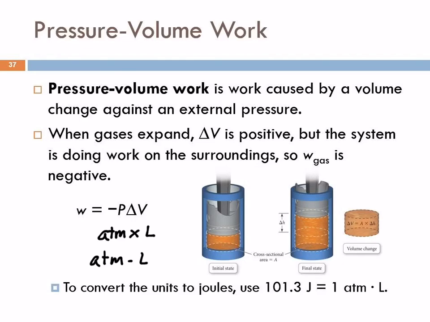Well, through all those crazy units like kilogram meter squared per second squared. 1 atmosphere liter is equal to 101.3 joules. This is an important little conversion factor that is easily forgotten and can cause a lot of confusion, so you need to use that periodically.